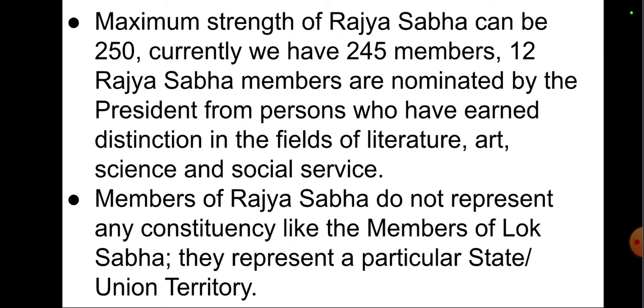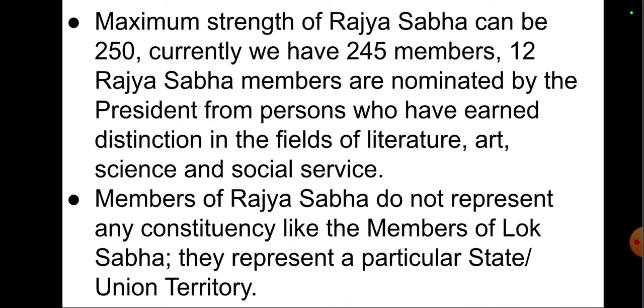Members of Rajya Sabha do not represent any constituency like the members of Lok Sabha. They represent a particular state or union territory, as they are indirectly elected by the members of the Legislative Assembly of the states. They are not elected according to a constituency. For example, if a Rajya Sabha member is from the state of Jharkhand, then he will represent the state of Jharkhand.